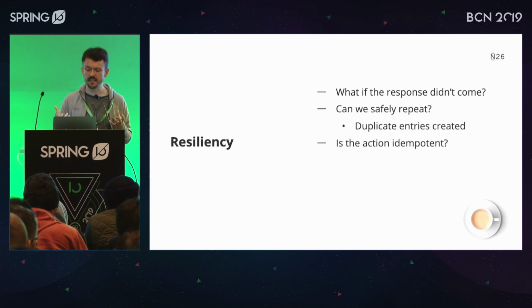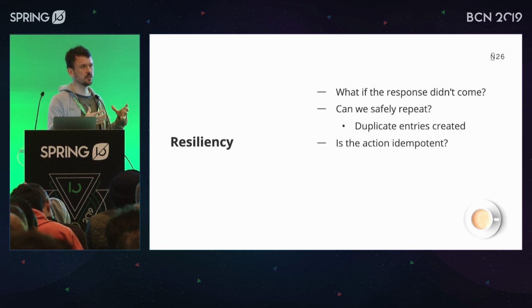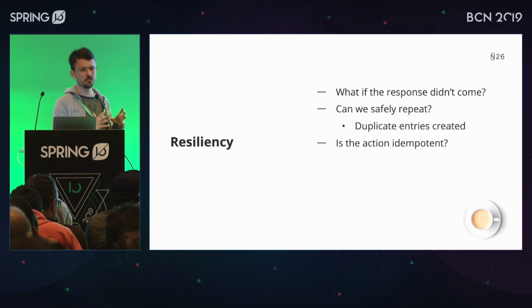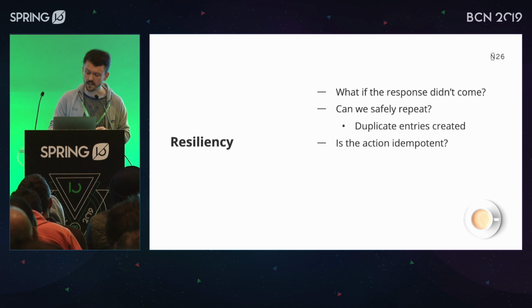In this case, it means that the item we will pass to the external service will contain some unique ID. And having this ID, the external service can say, okay, I already processed that, so I will skip it and send you back a response. It's a duplicate, but no harm done.